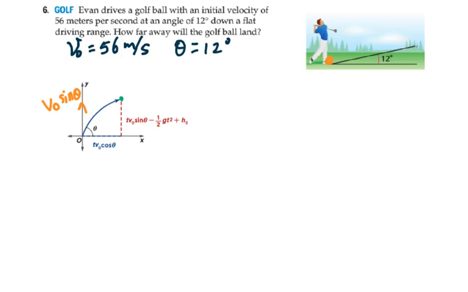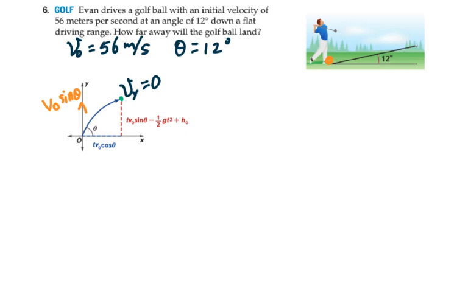Let's look at this graph. At this point, suppose this is the highest point. And we know that the vertical speed for the golf ball will be 0. In other words, V_y will be 0.